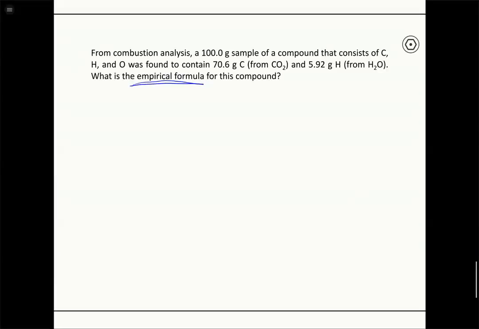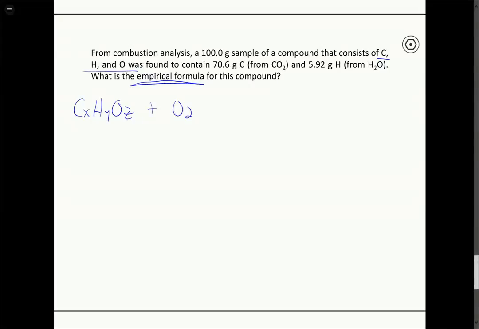Remember that when we do combustion, we have a compound that consists of C, H, and O, so we have some subscripts x, y, and z. We don't know the formula to start with. Then we burn that with O2 in excess, and we make some amount of carbon dioxide and some amount of water.